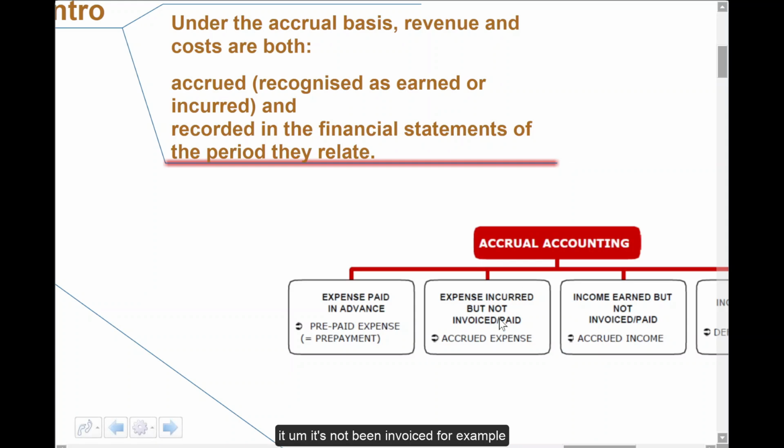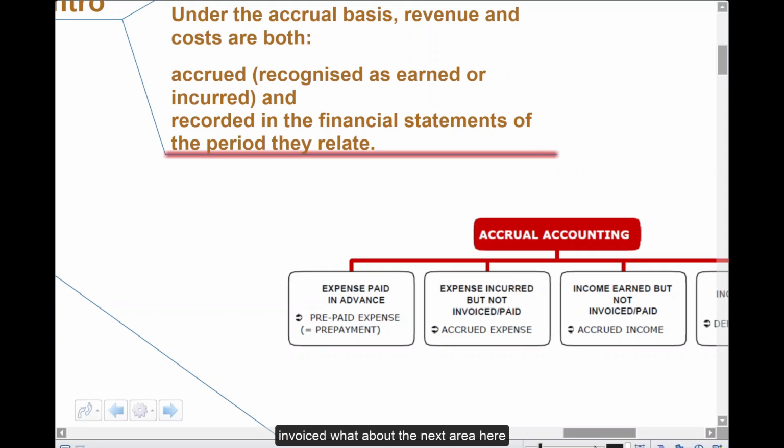It's not been invoiced, for example, by the electricity company or the rates company. So we need to accrue for it. This would be an accrued expense. Getting back to our timing point, we've used it, but we haven't paid for it, and it certainly hasn't been invoiced.